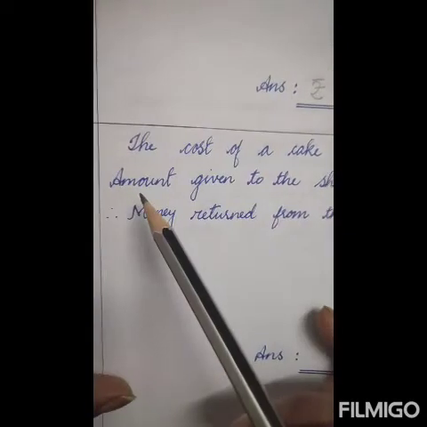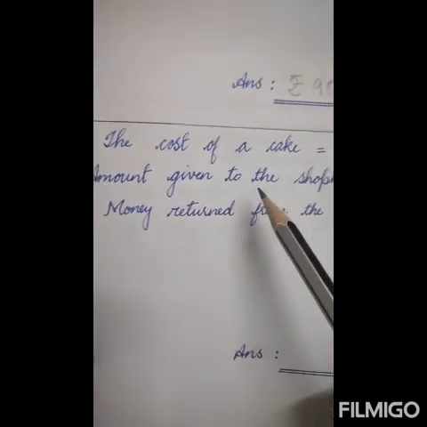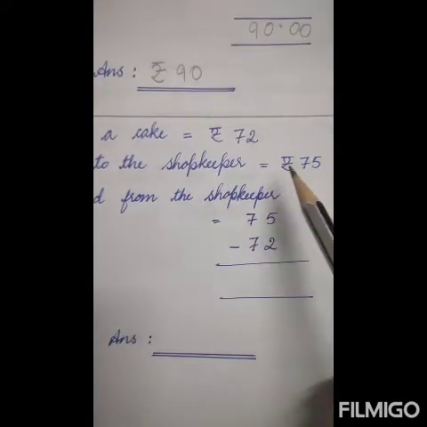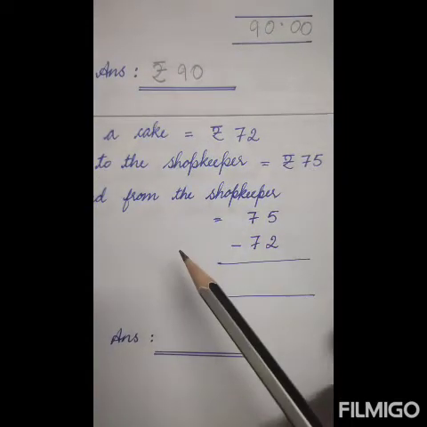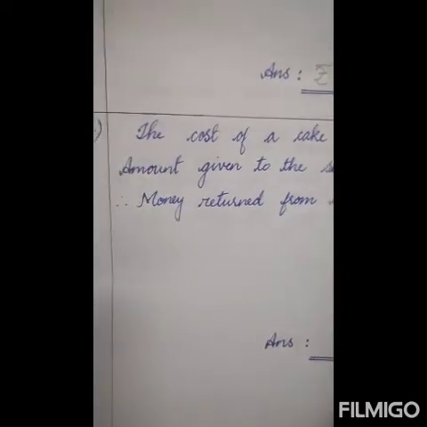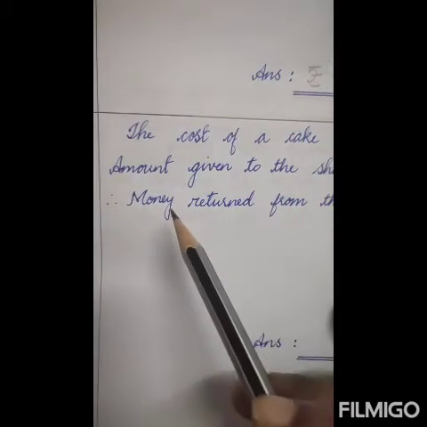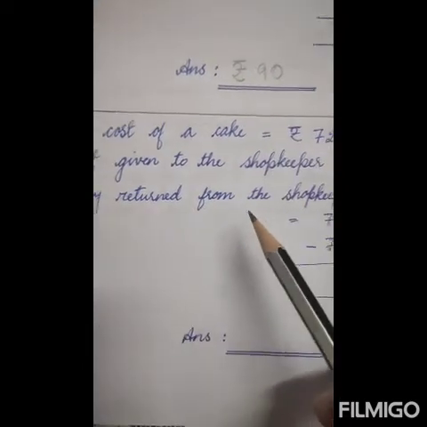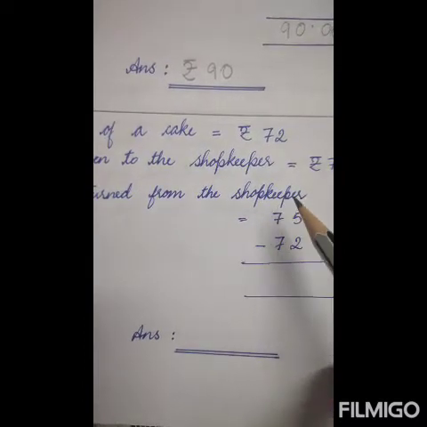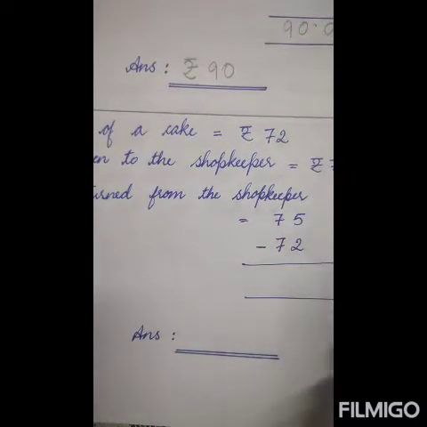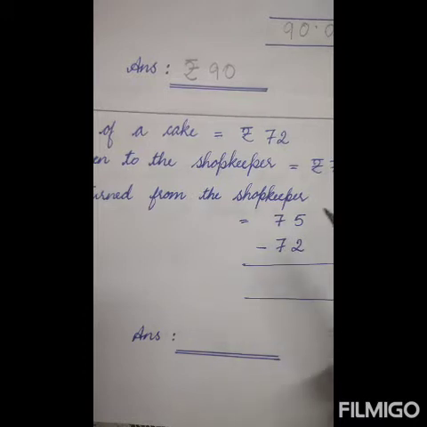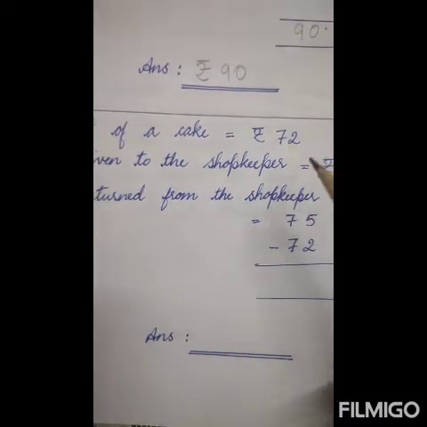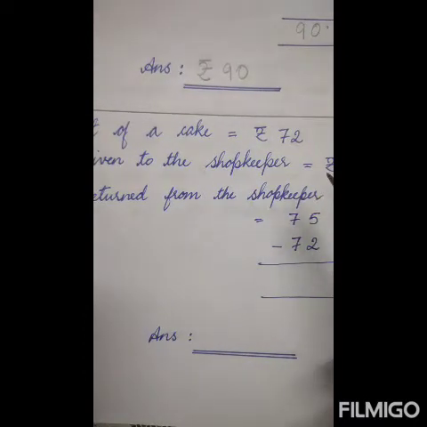Then the amount given to the shopkeeper is equal to rupees 75. Then you have to write money returned from the shopkeeper, as you have to find the amount Maria will get back from the shopkeeper.